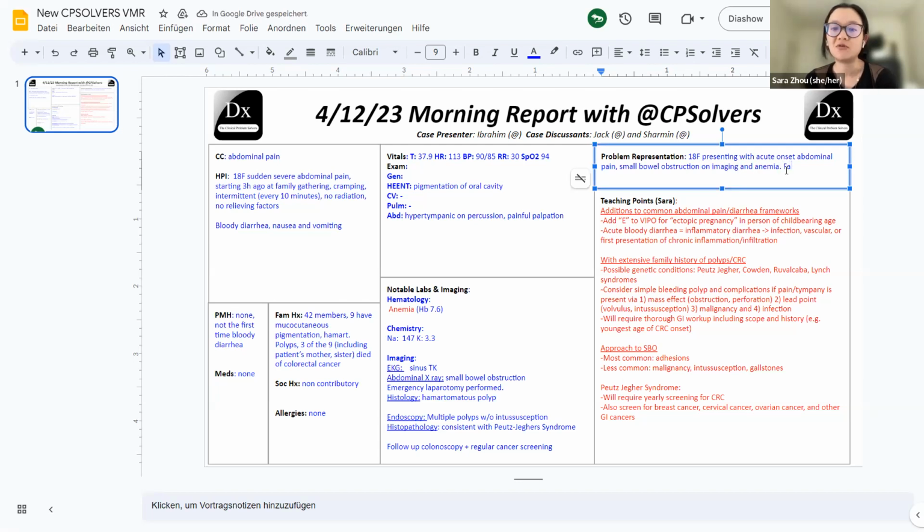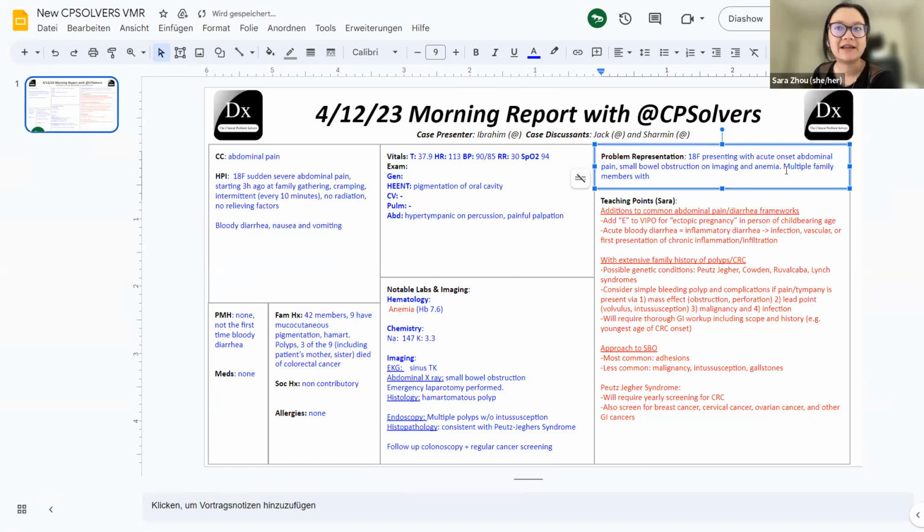Two, there could be a lead point that would lead to volvulus or intussusception. Three, there could be a malignancy. And four, there could be an infection. With this extensive family history, this patient will require a very thorough GI workup, including a scope, as well as a thorough history, including the youngest age that someone in their family had onset of colorectal cancer.